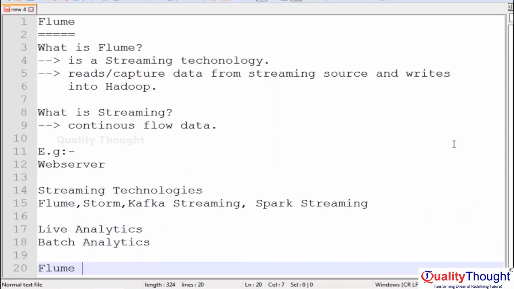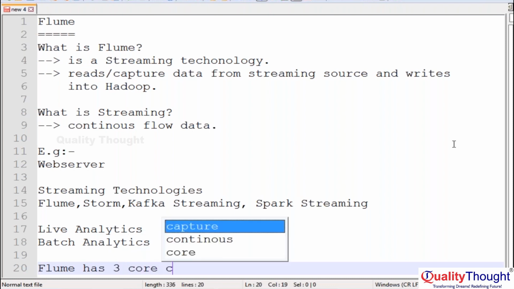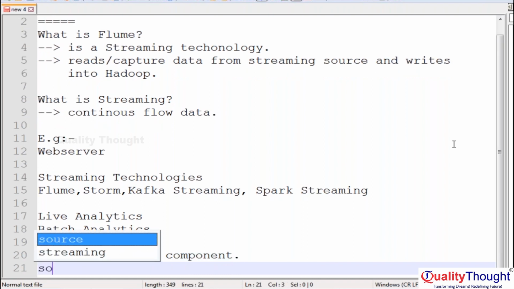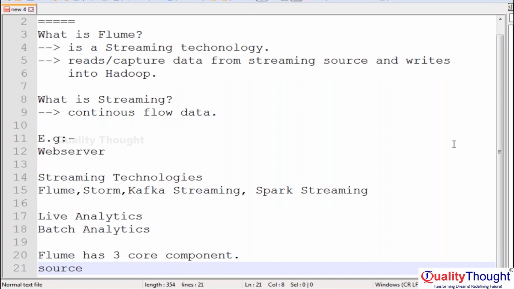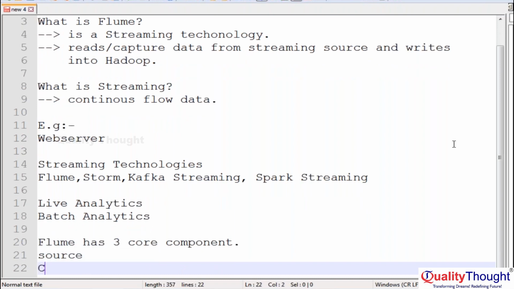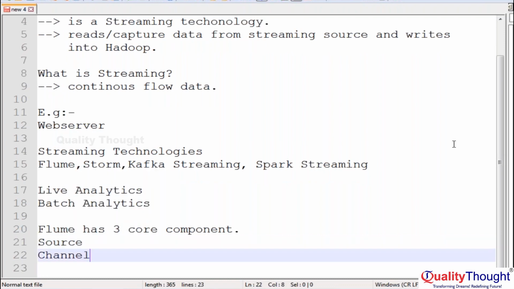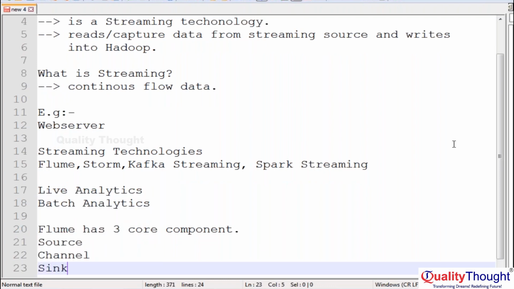Flume has three core components: source, channel, and sink.